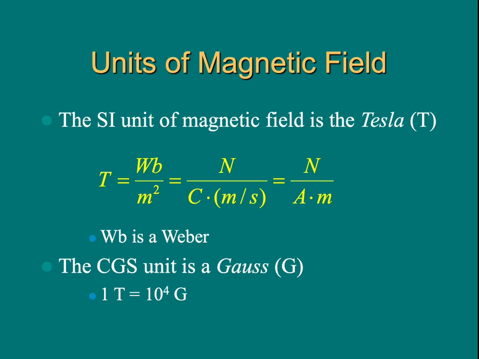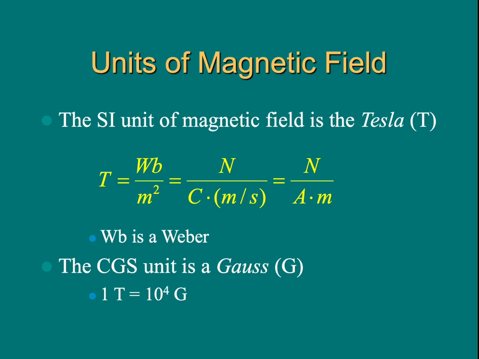The SI unit for magnetic field is Tesla. To help you memorize, you can remember that the unit for magnetic field is the same as the car maker Tesla. 1 Tesla also equals 1 Newton per amp times meter, or Newton per coulomb meter per second.